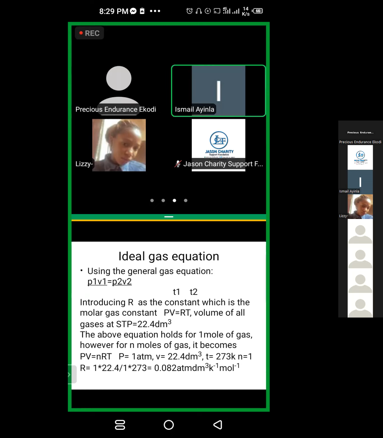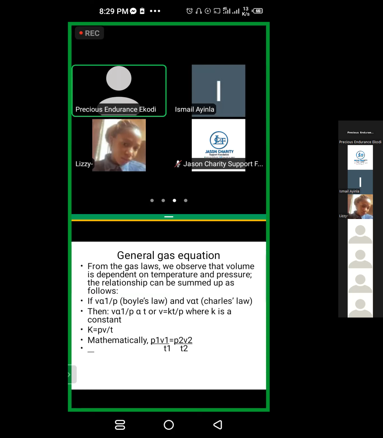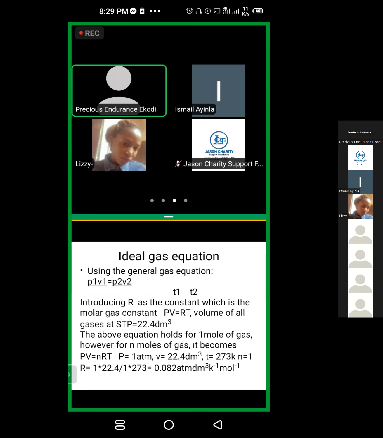Now, this PV equals nRT is gotten from our general gas equation, this one here: K equals PV over T. But now, instead of K, we use the constant R. Now, remember, we're talking about an ideal gas, a normal gas, a perfect gas.